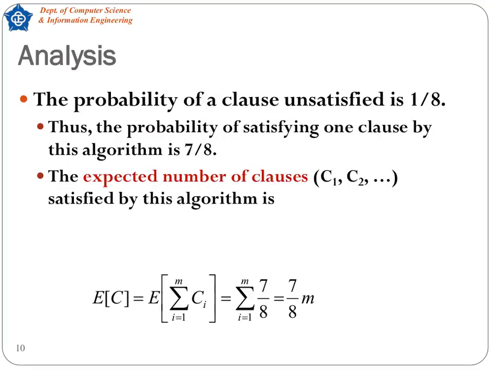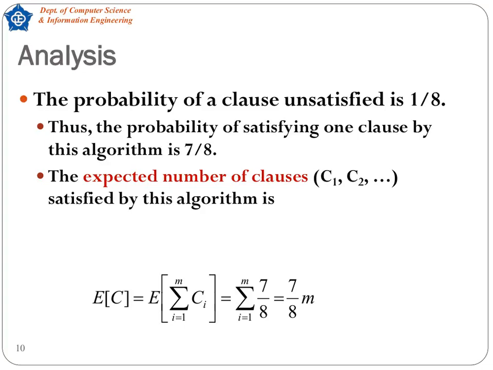So building directly on our previous discussion, we established that the probability of a single clause being unsatisfied under our randomized algorithm is indeed 1/8. This immediately tells us that the probability of satisfying a single clause using this algorithm is a confident 7/8. Now, with this crucial probability in hand, let's calculate the expected number of clauses satisfied by our algorithm.